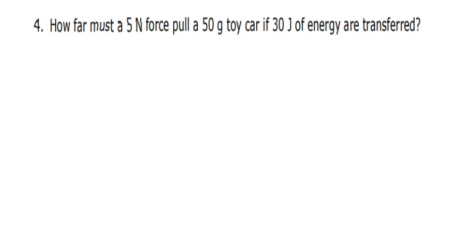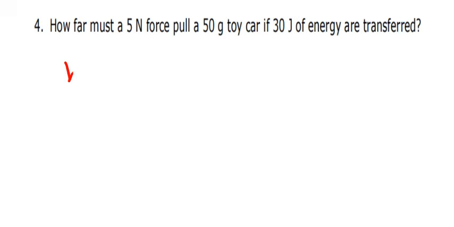Now, question number 4, we are asked how far must a 5 newton force pull a 50-gram toy car if 30 joules of energy are transferred? Okay, very nice question. So what are we going to do? We know that work is equal to force multiplied by the distance.